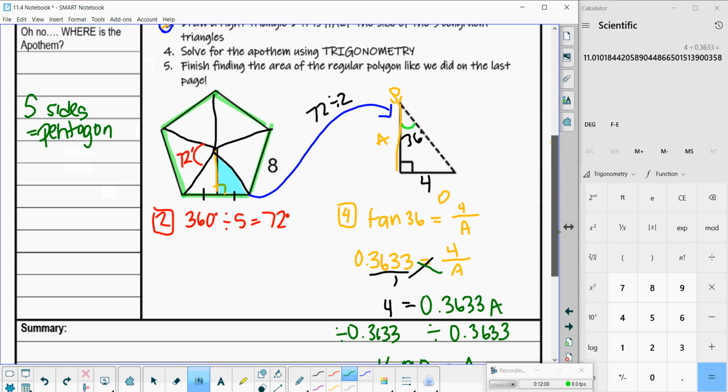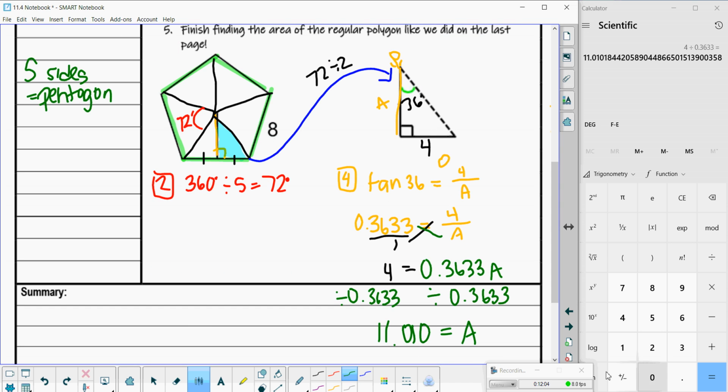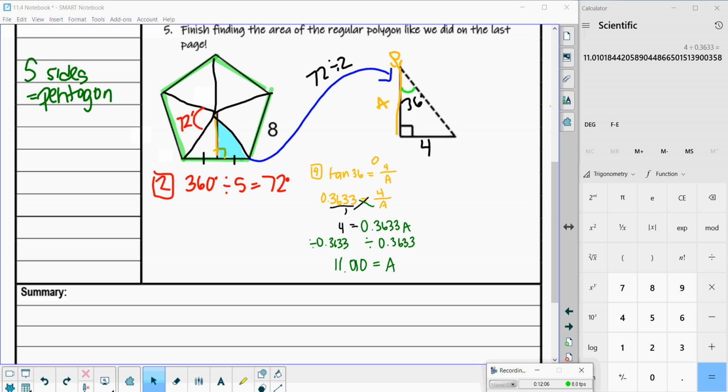Okay. So to find the area is our last step, so step number 5. Let's use gray. Find the area of the triangle first. Okay, so I'm going to use the entire triangle. I'm going to highlight it in purple here, pinkish. So I'm now going to use this entire triangle.